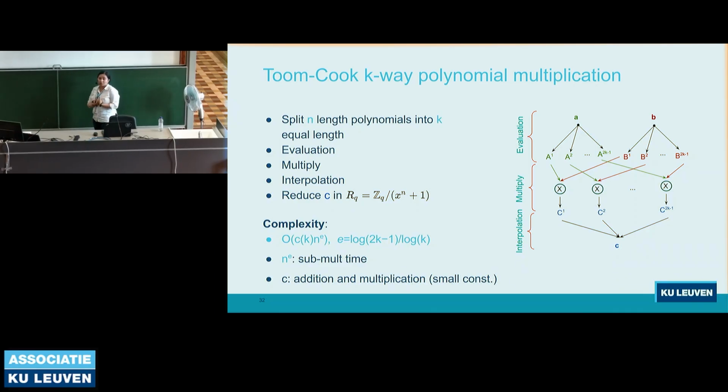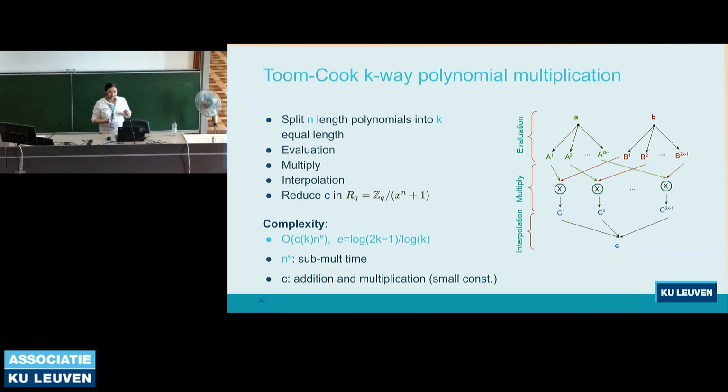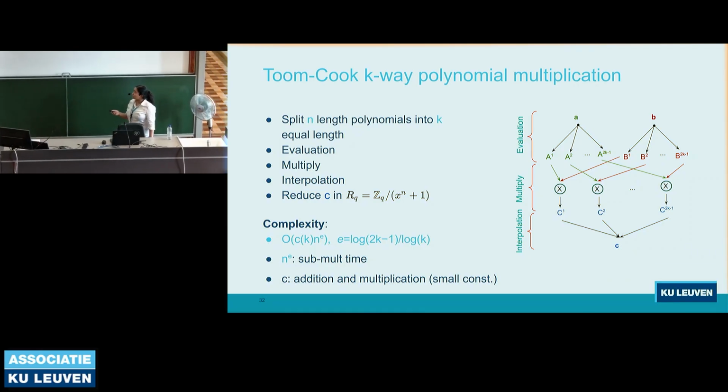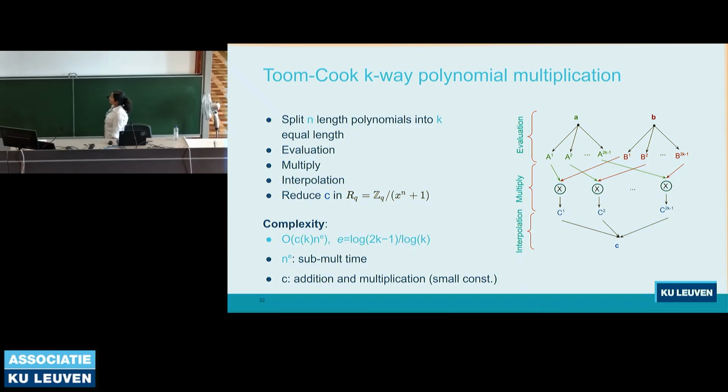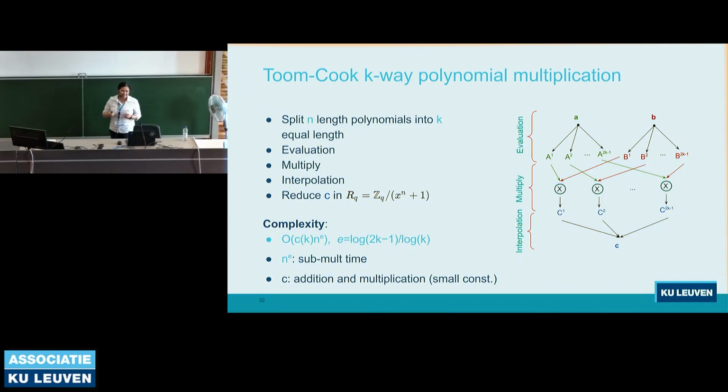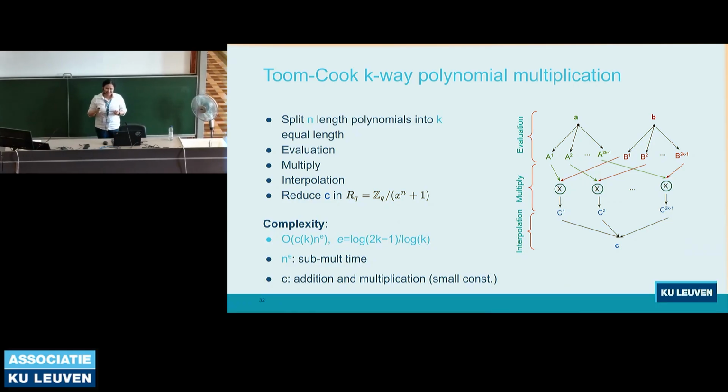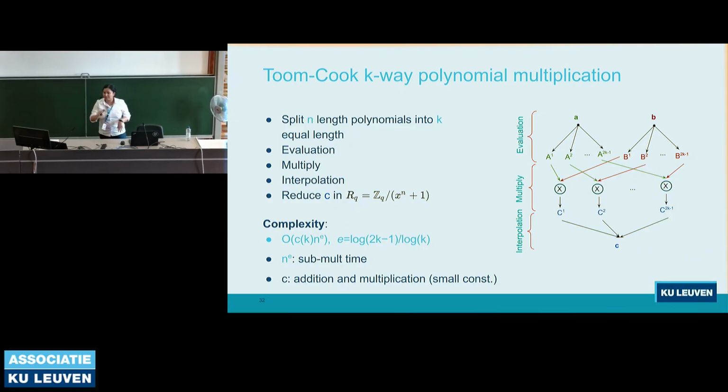Let's say I'm using Toom-Cook 4-way multiplication, then it will make my complexity something like order of n to the power log 7 by log 4. Sorry, I'm bad at it. Correct me if I'm wrong. I do not have it written here, but it is there somewhere, I promise.